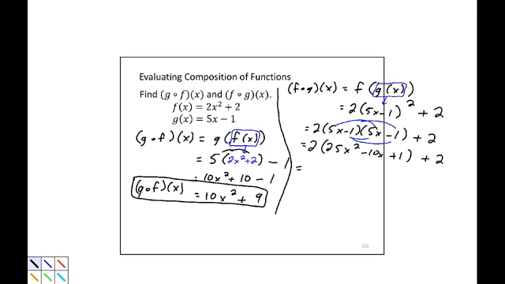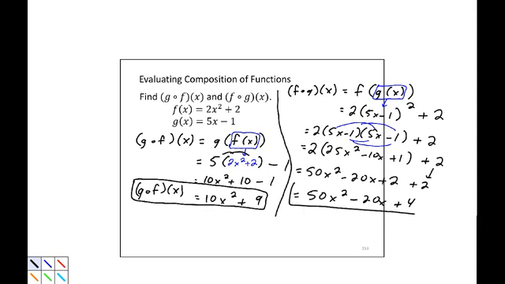I'm going to distribute the 2, so that is 50x squared minus 20x plus 2, and then I'm going to bring down the plus 2. So this simplifies to be 50x squared minus 20x plus 4. And that is my f of g of x.